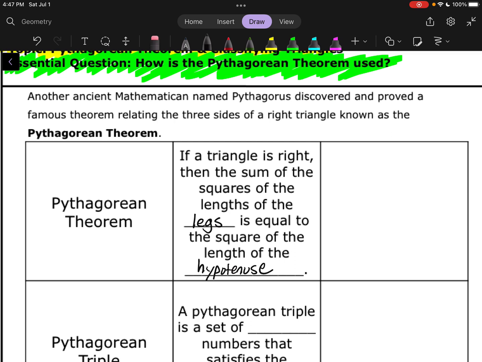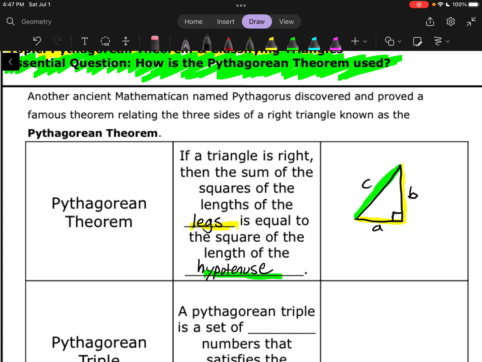Well, if we've got ourselves a right triangle here, the two sides that make the right angle are known as the legs, and the hypotenuse is, of course, the longest side. That is the side that is opposite the right angle. And so if we go ahead and call the legs A and B, the hypotenuse is C.